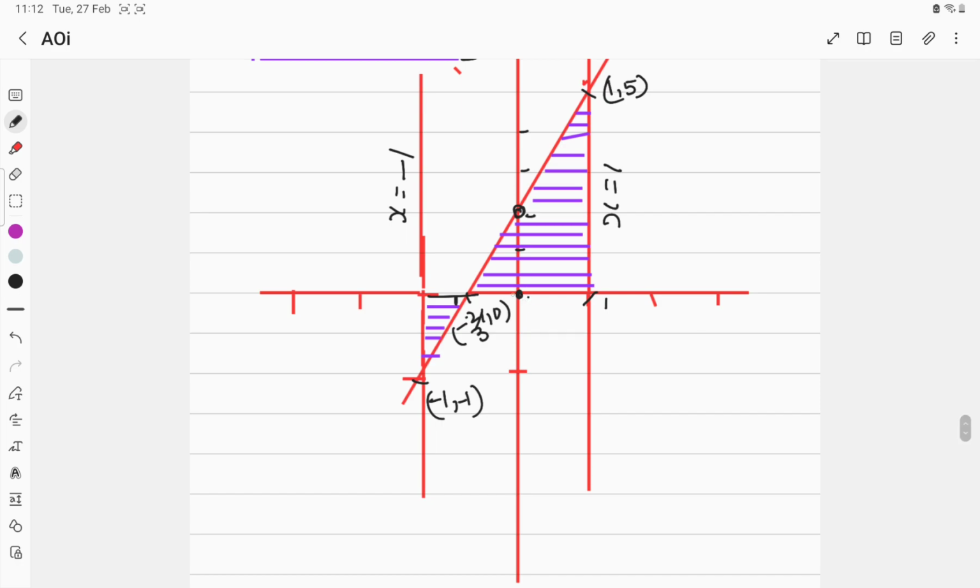So you get an area below the x-axis and an area above the x-axis.